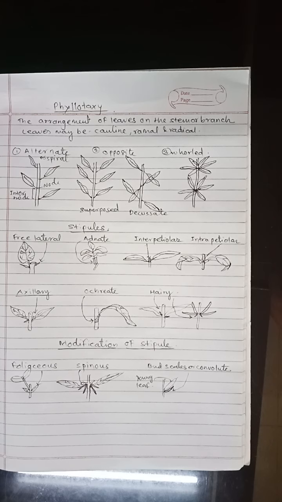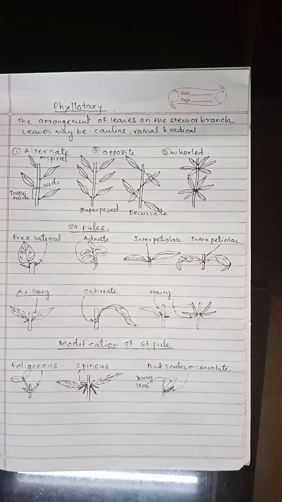Then adnate stipules. The two stipules that fuse with the leaf base or petiole on either side are called adnate stipules. Example: rose and groundnut. Then interpetiolar stipules, stipules present in between the petioles of opposite leaves.